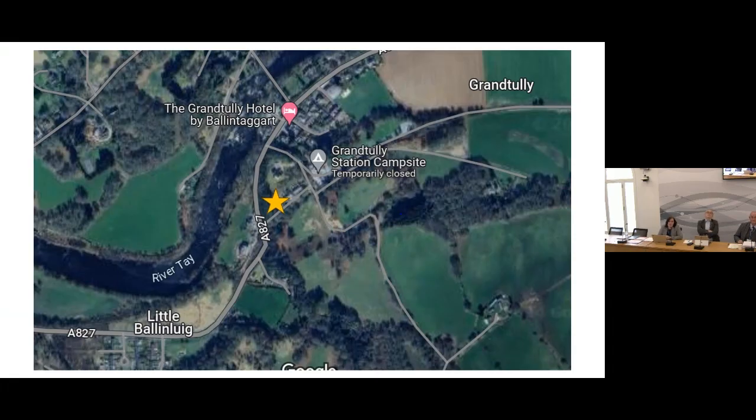Thank you, convener. We'll just go through the slides again to start with. Yes, so this is the application site, the appeal site denoted with the yellow star. As you can see, just on the outskirts of Grantley, on the west side, towards Little Ballinluig.